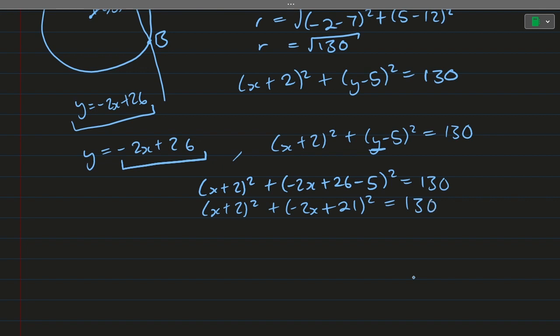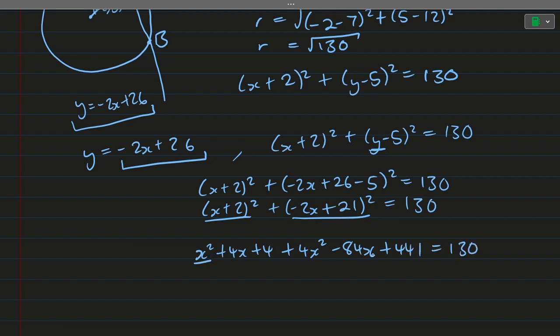Now let's expand these two brackets. If we expand the first bracket, we get x squared plus 4x plus 4, and the second bracket we get 4x squared minus 84x plus 441 is equal to 130.